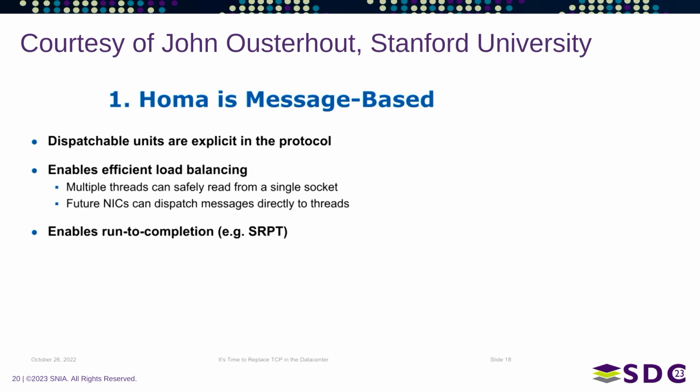And what's even more interesting to us, as folks who love to accelerate protocols, is that it makes it easy to dispatch those messages within an FPGA-based NIC. The other aspect Homa implements is the run-to-completion concept, SRPT, which means shortest job first: get it out, and don't append it to a stream of other messages.